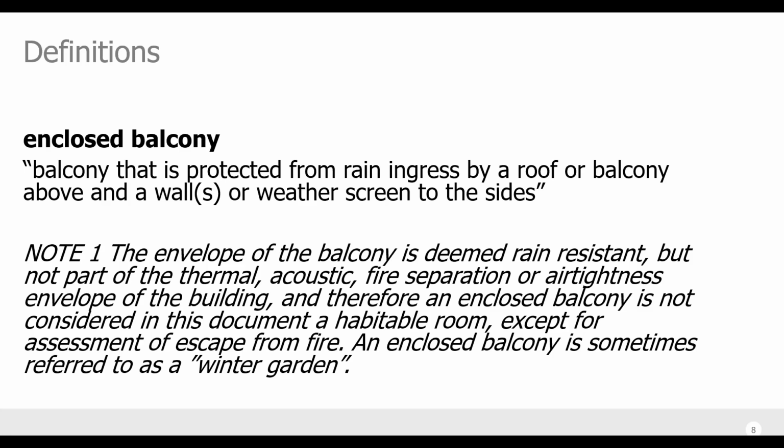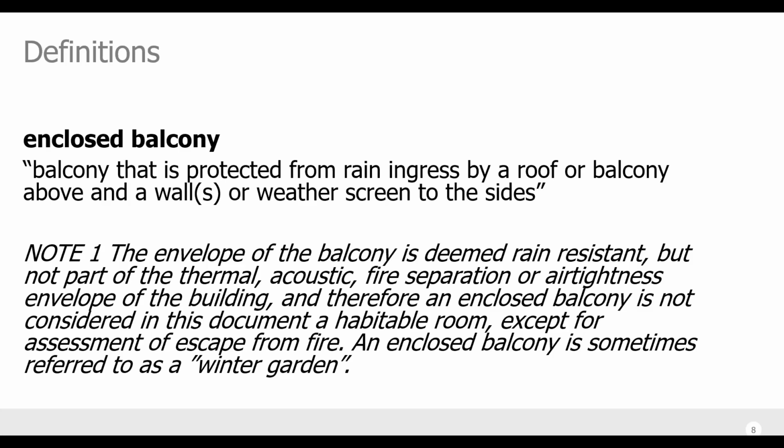And so it became obvious that the nature of enclosure should probably start with safety. And therefore, there are good definitions within BS 9991 and 9999. So that is the origin of the term enclosed balcony.